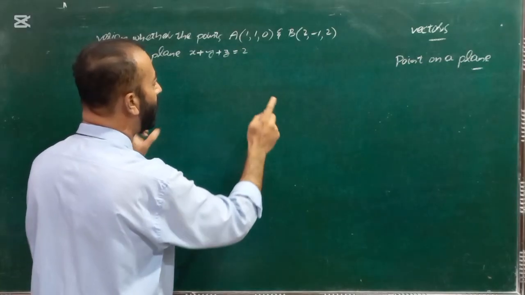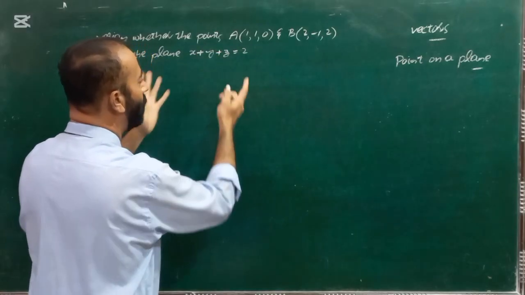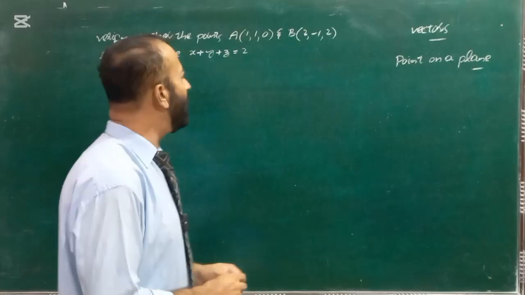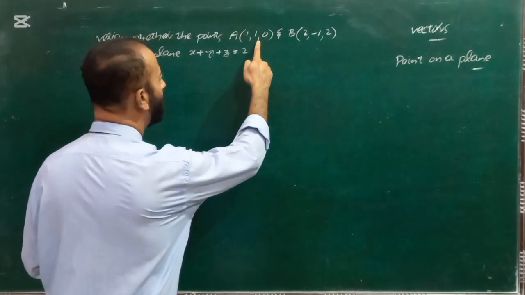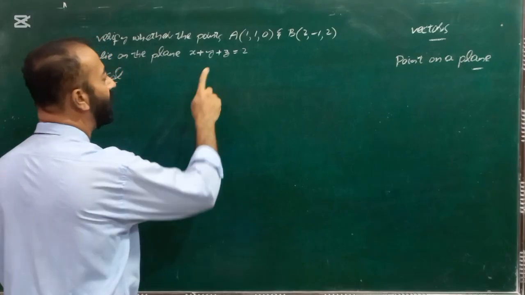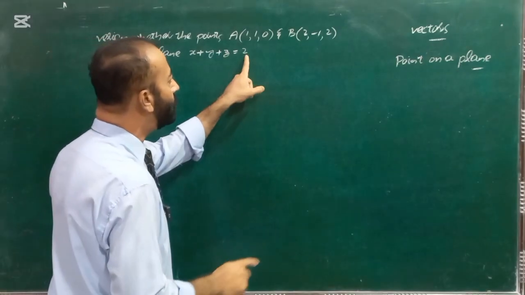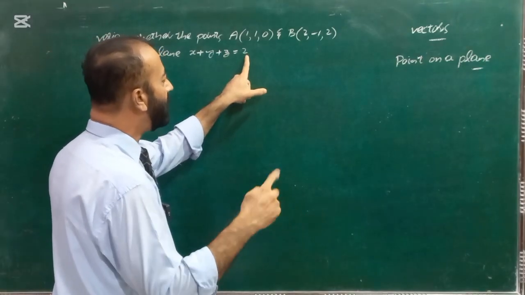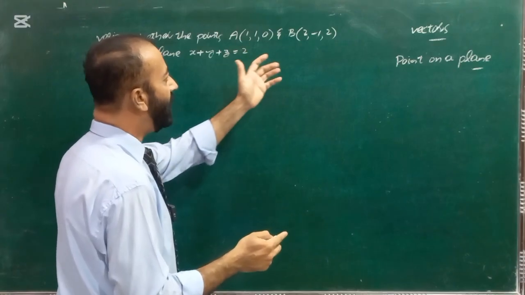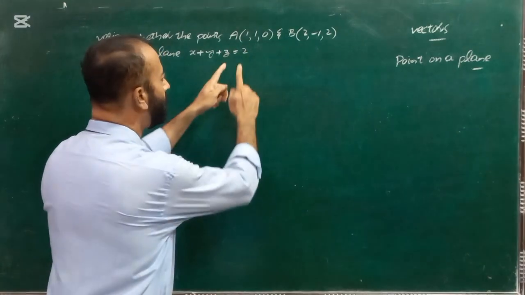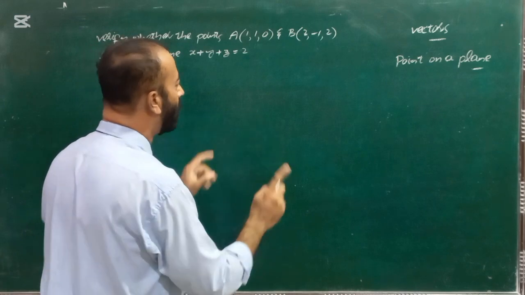Actually we will check whether the dot product of the position vector of the point and the plane normal is equal to 2 or not. If that becomes equal to 2, then that point will lie on the plane. If the dot product is not equal to 2, then it will not lie on the plane.